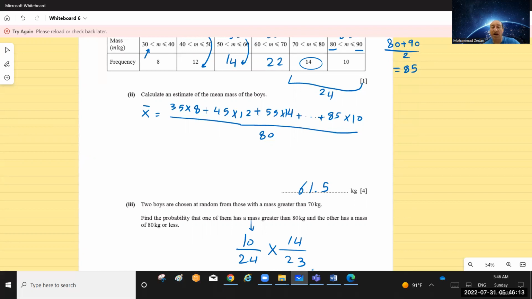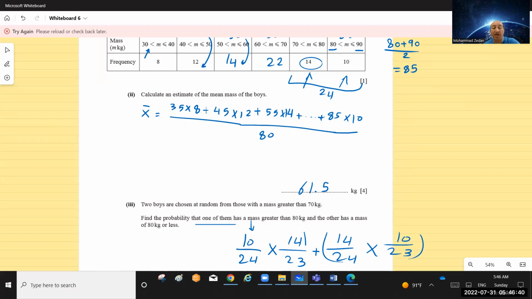Here, I suppose that the first one is more than 80. But one of them may be the first one from this set and the second from the other set. So this amount will be repeated again by writing 14 over 24 times 10 over 23. But actually they are the same.